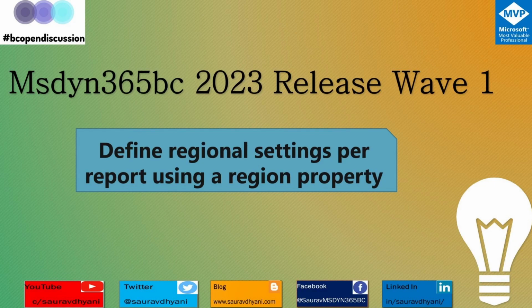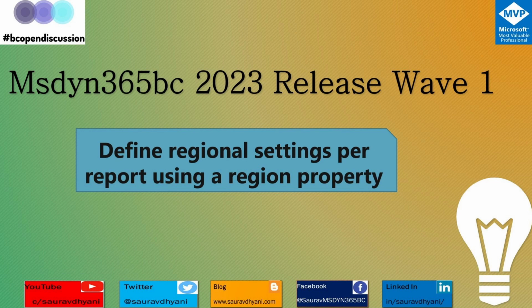regions. So with this release, Microsoft has added the ability to define the region's formatting setting, especially for the date and numerical values, on the report object while developing it as a developer, and also for the users, who can override the setting set by the developer. So there's something for users, and something for developers when you are building reports.